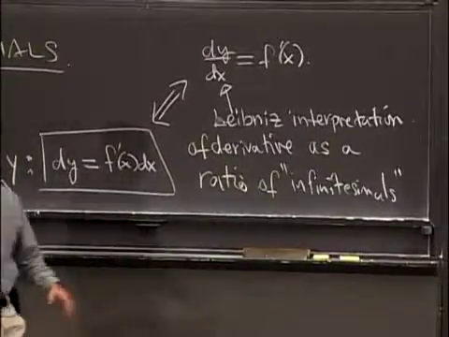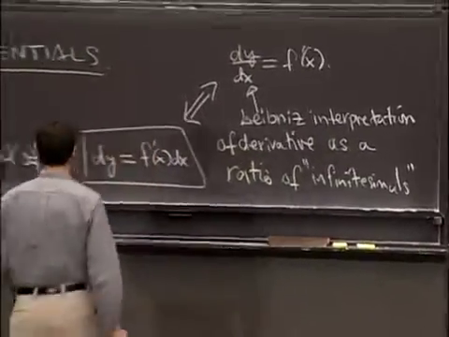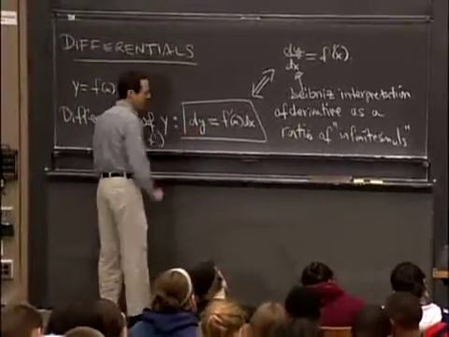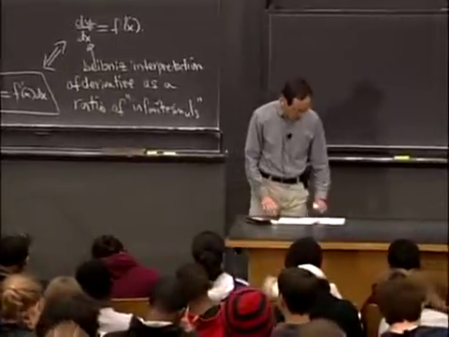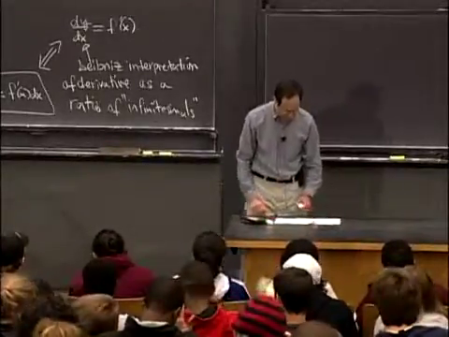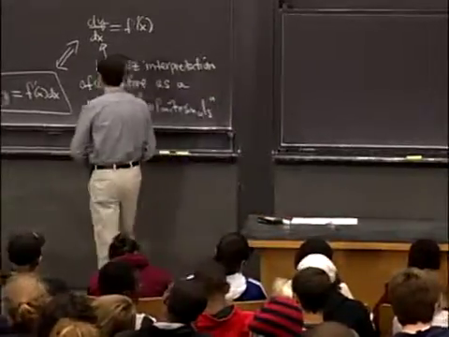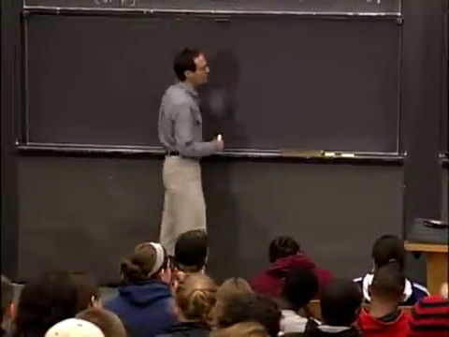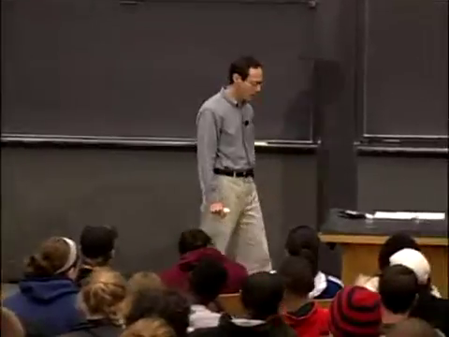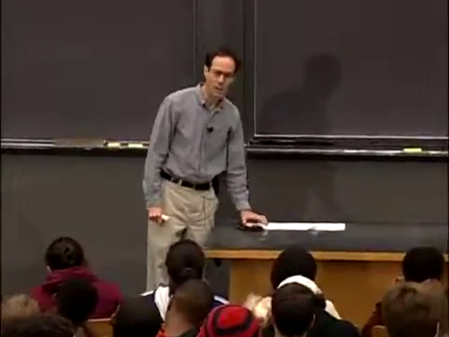Now this is a kind of vague notion, this little bit here being an infinitesimal. It's sort of like an infinitely small quantity. And Leibniz perfected the idea of dealing with these intuitively, and subsequently mathematicians use them all the time.